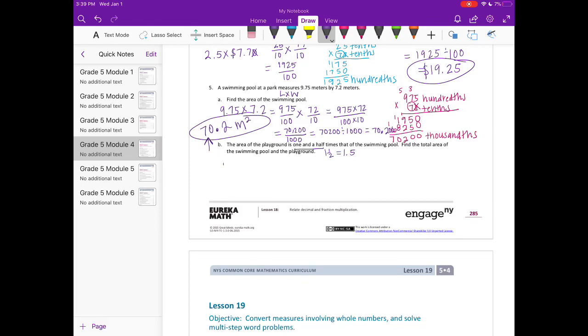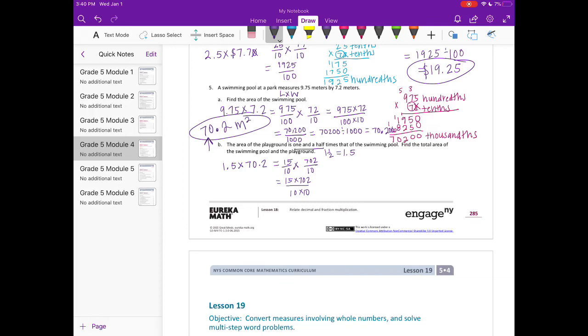So 1.5 times 70 and 2/10. 1 5/10 is equal to 15/10 times 70 and 2/10 would be 702/10. So we would have 15 times 702 over 10 times 10.